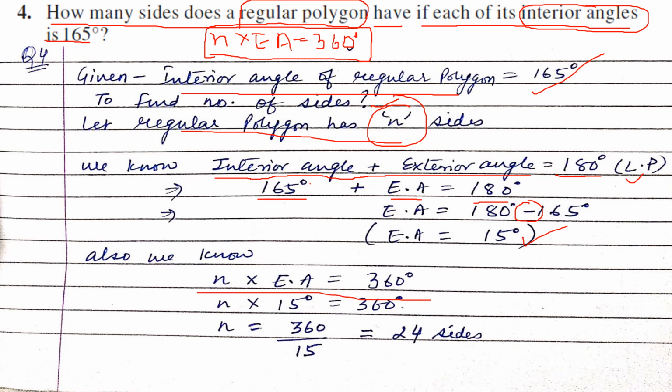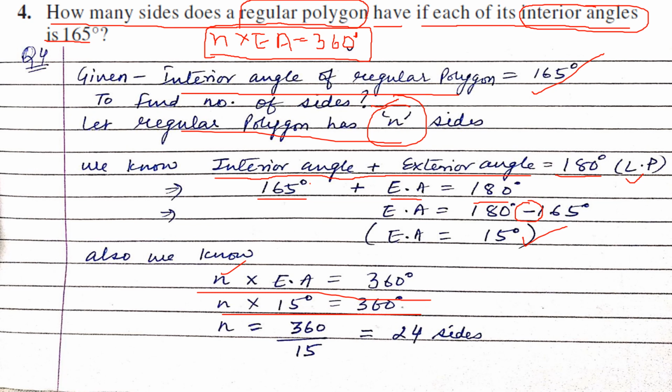So n into 15 degree is equal to 360. In the last question, we knew number of sides and we had to find EA. In this question, we know EA, we have to find n. So you can see the same formula is used in both the questions, just the variable is changing. So again, we have to find the value of n.